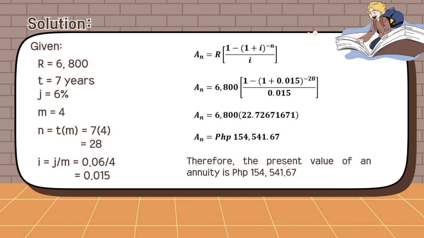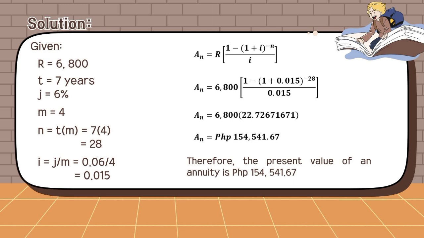0.015. So we will use our formula. We have A sub n is equal to 6,800 pesos multiplied by 1 minus 1 plus 0.015 raised to negative 28 over 0.015.